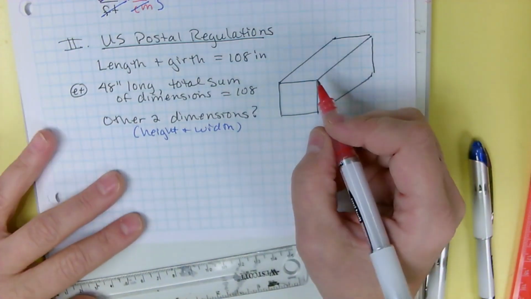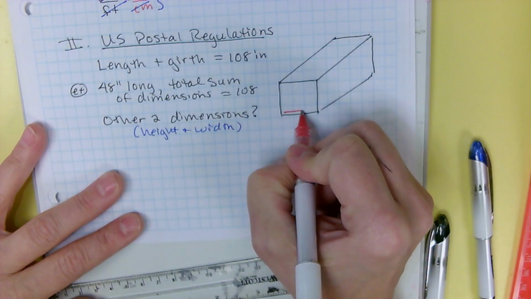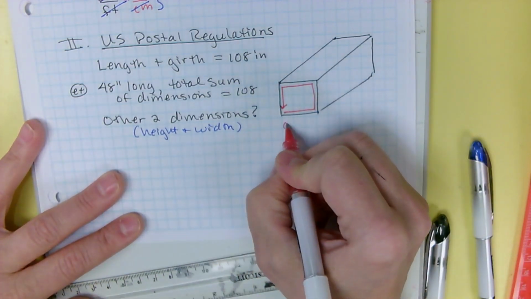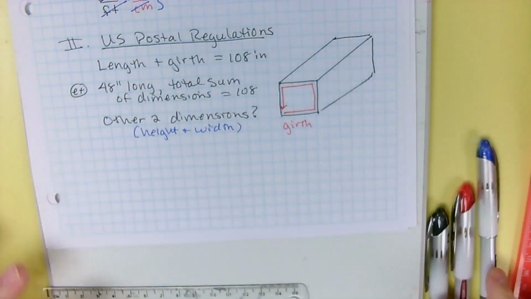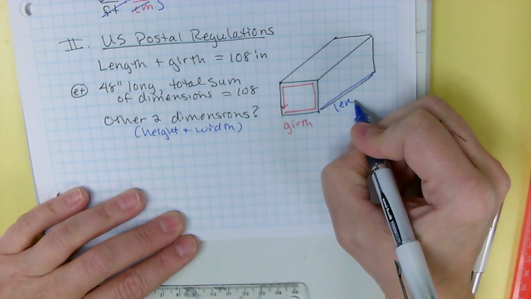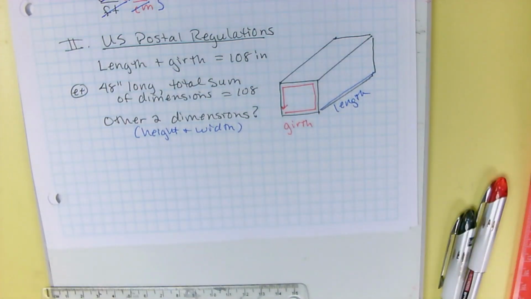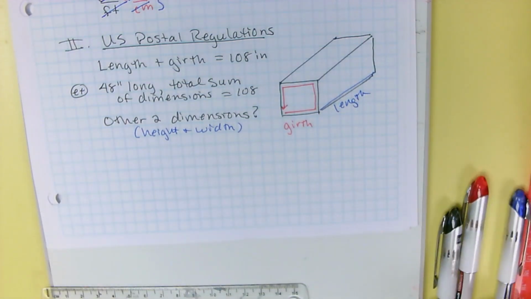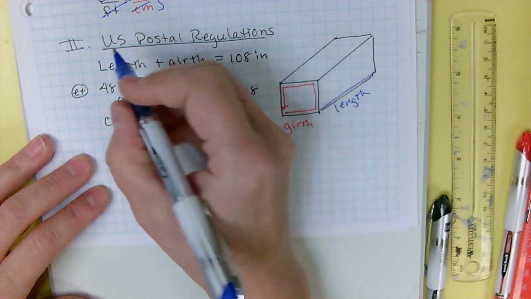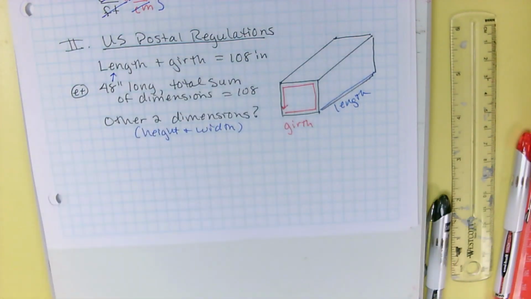The girth of your package is bottom, side, top, side. That is your girth. The length is the longest measurement on it. The length is 48 inches long, so we got that part, but we have to figure out what the girth is by writing an equation.